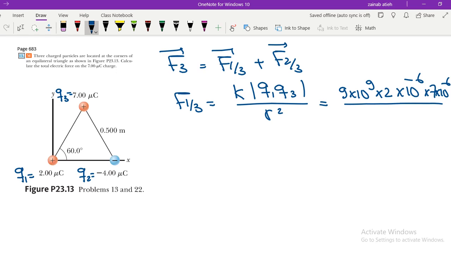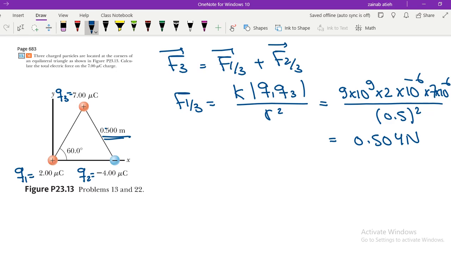It's an equilateral triangle, so it's 0.5 meter, no need to change to SI unit, so 0.5 squared. Calculating this, you will get 0.504 Newton. I found the magnitude.